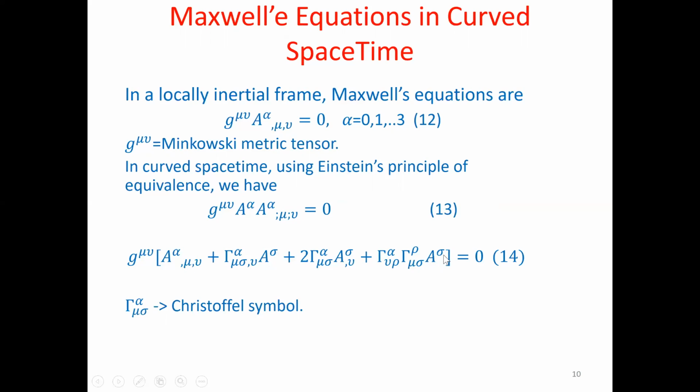And the other terms are some nonlinear terms. You can see that in the locally inertial frame, all the 4 components of the electromagnetic vector potential are uncoupled. Each of them is given by the wave equation. But here we have this wave equation part, but there is some nonlinear mixing of the EM vector potential components.